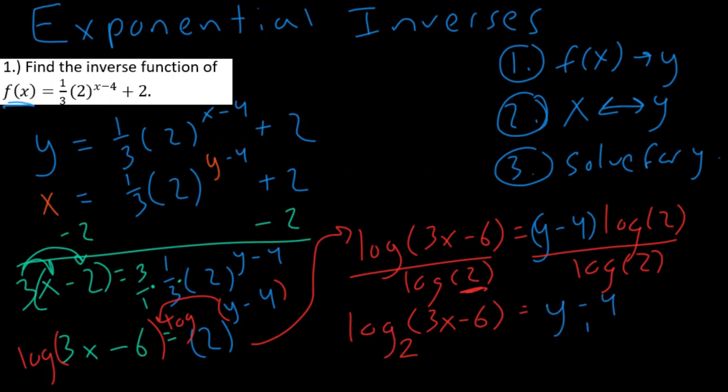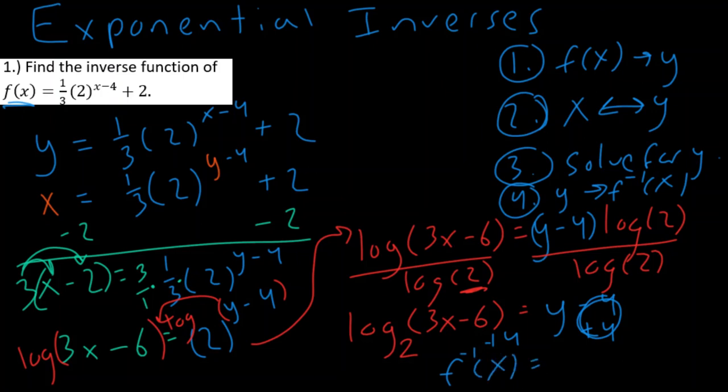Now from here we're one step away. We know that we'll add 4 to both sides, add 4. And since our y value is back to being by itself, step 4, we just change y to f inverse of x. Let's go and do that. We can rewrite this as f inverse of x equals log base 2 of 3x minus 6 plus 4.